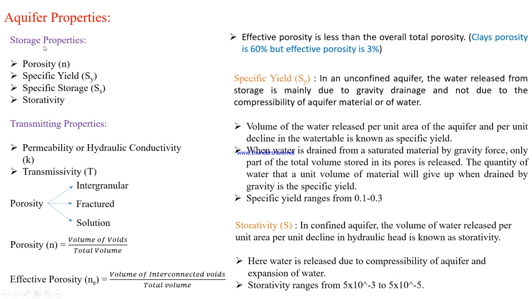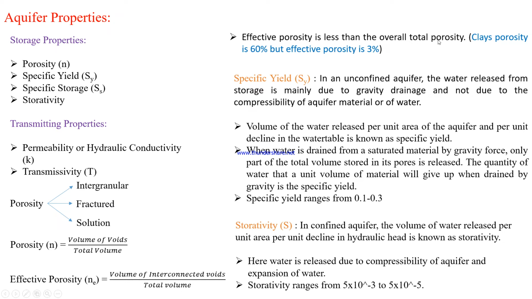Aquifer properties. There are certain properties: storage properties and transmitting properties. While going to storage properties, porosity. The porosity is the ratio of the volume of the void to the total volume. But the effective porosity is the volume of the interconnected void to the total volume. The effective porosity is less than the overall total porosity.